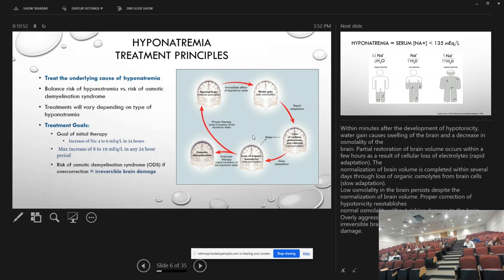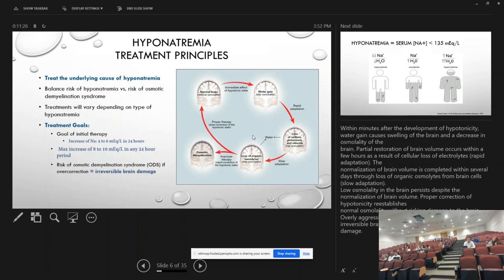Why is that? So remember about the osmolality and tonicity of the blood. So if it's hyponatremic, where's your osmolality? Is it normal? Is it high? Low. It's low, right? And water goes from what to what? A low concentration to a low concentration, or a low concentration to what?